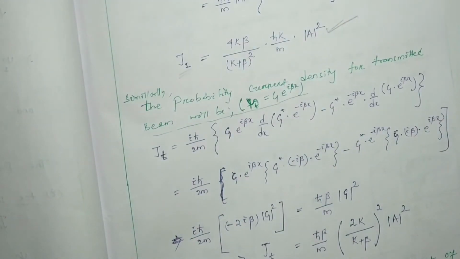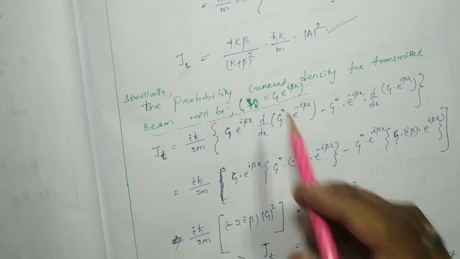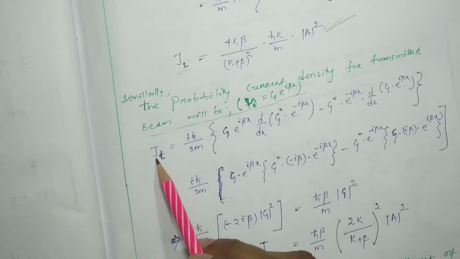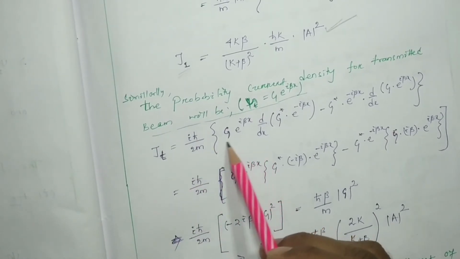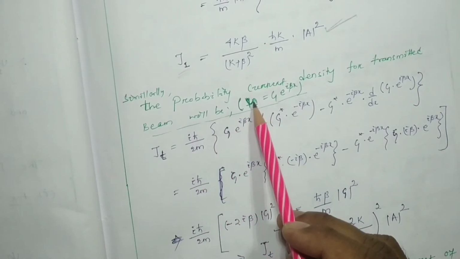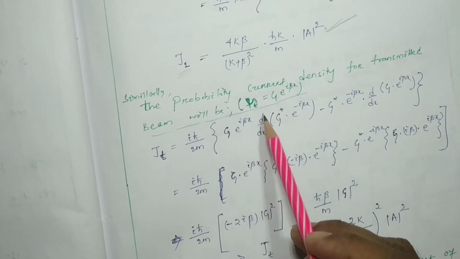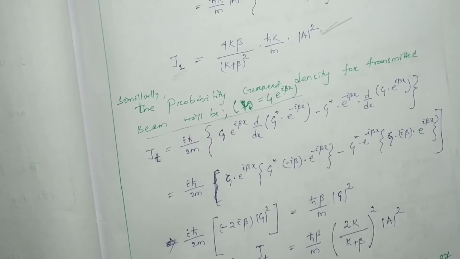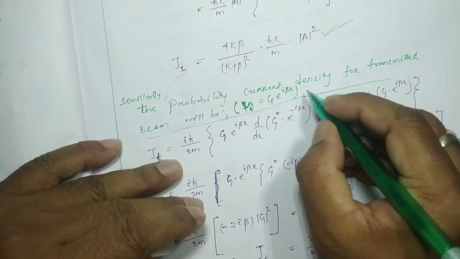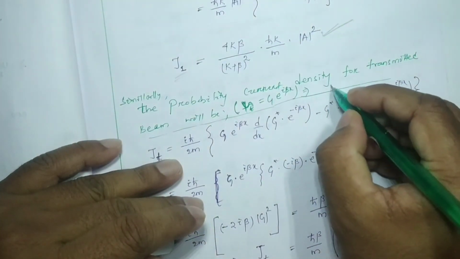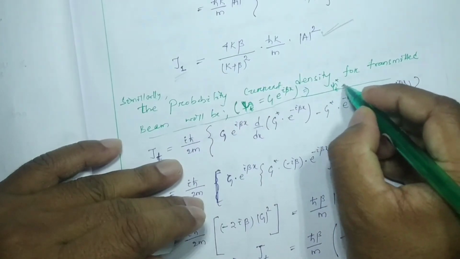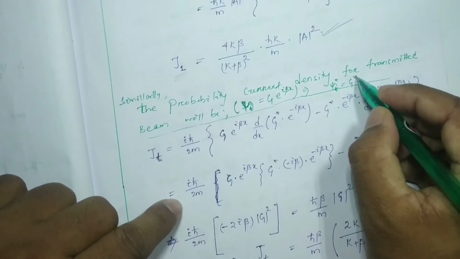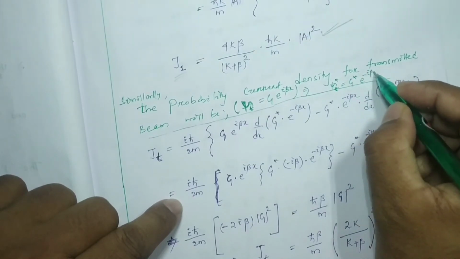Now by considering this psi t, the Jt, or transmitted probability current density, will be iħ/2m times psi t into d by dx of psi star t. If this is psi t, then psi star t will be G star into e to the minus i beta x.